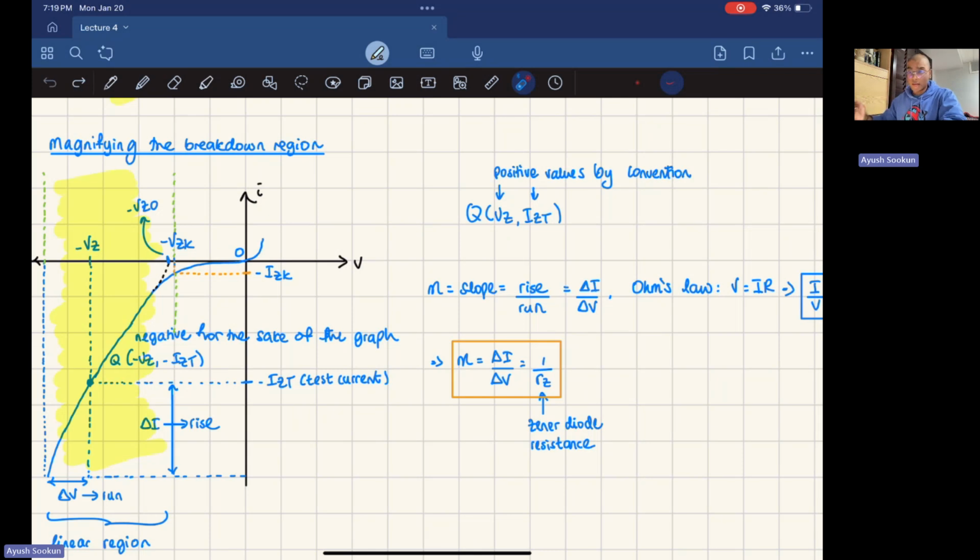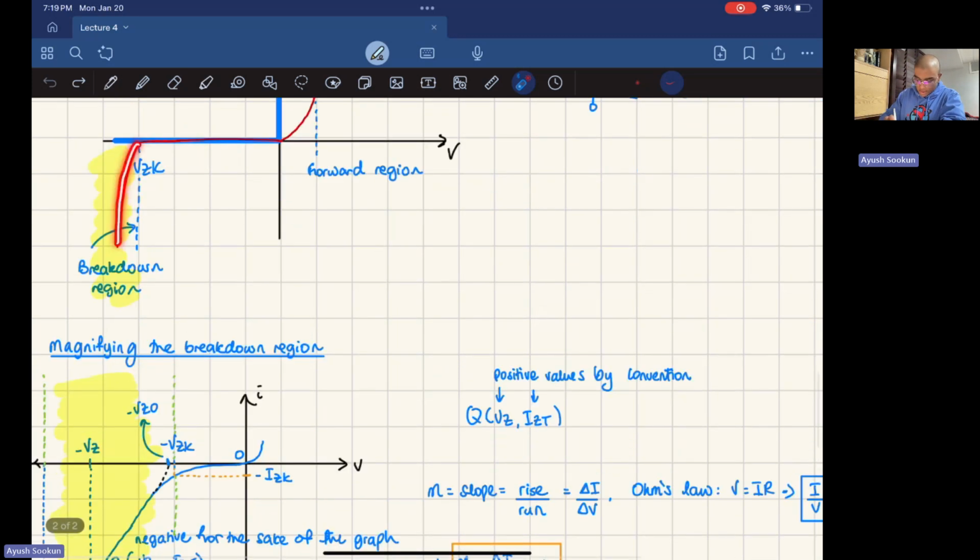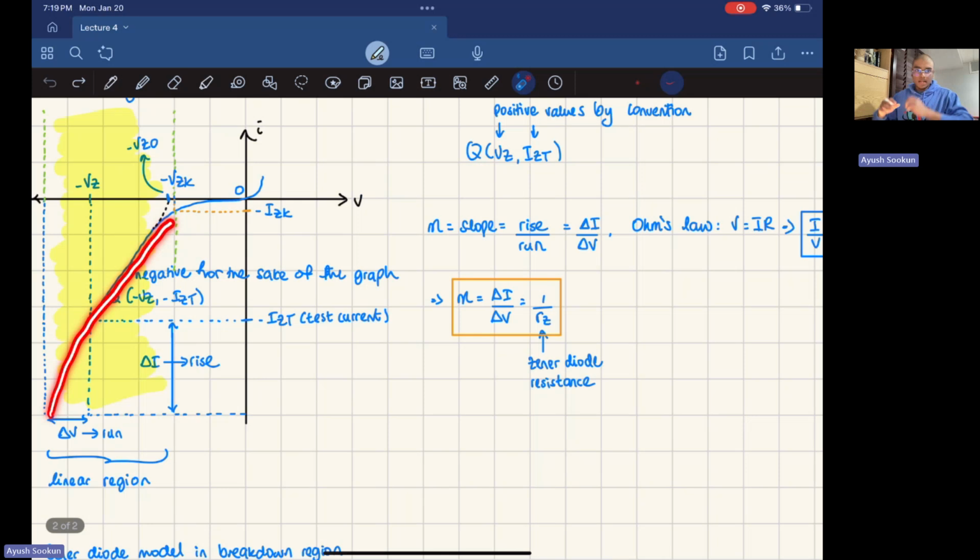The current is gonna get too negatively large and there's no point. We want to stay where the current is very linear. If you look over here as it goes down like this, I just magnified it so we can see what's going on. This is like a straight line here, so I would say that this is the linear region.